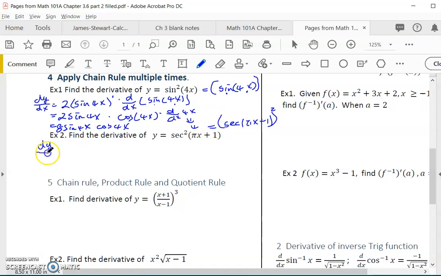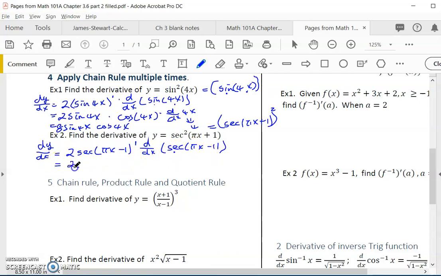So dy dx for this particular function would be 2 secant pi x plus 1 to the power 1, which is just 1. And then I do a d dx of a secant thing, right? Secant of pi x plus 1. But this is also an outside and inside.